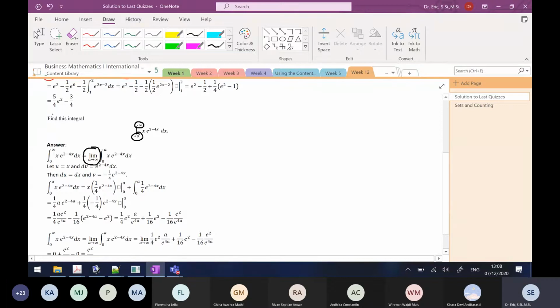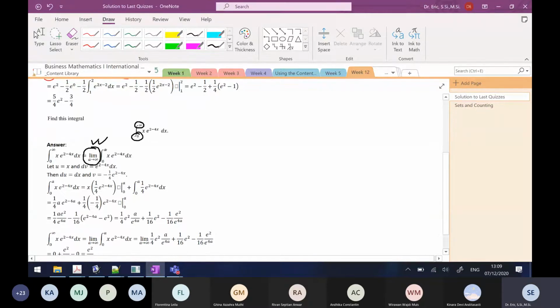We give you points if you write this limit. It means you understand this is not the simple integral we solved before, but another kind of integral because it contains a limit. So make sure you write down the limit.